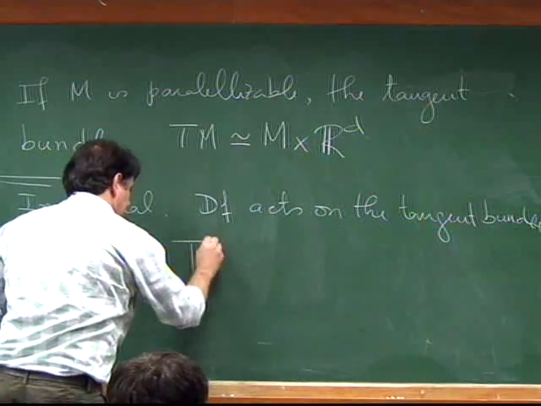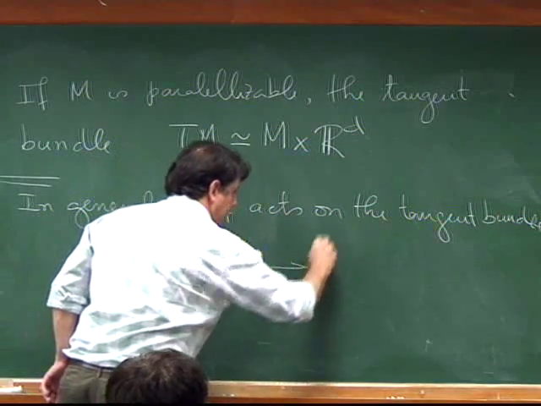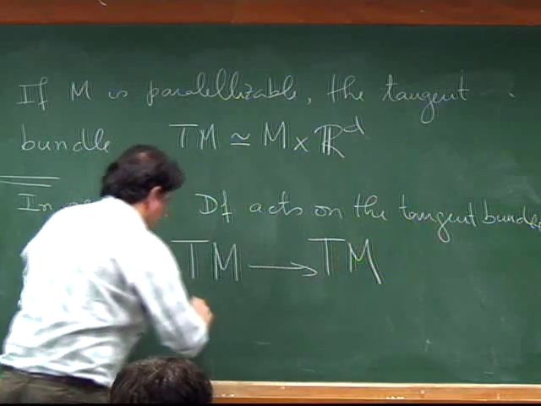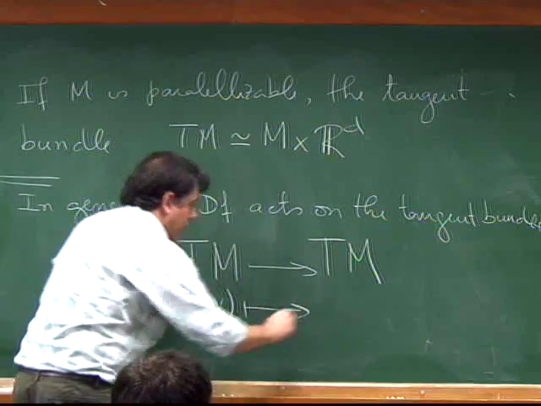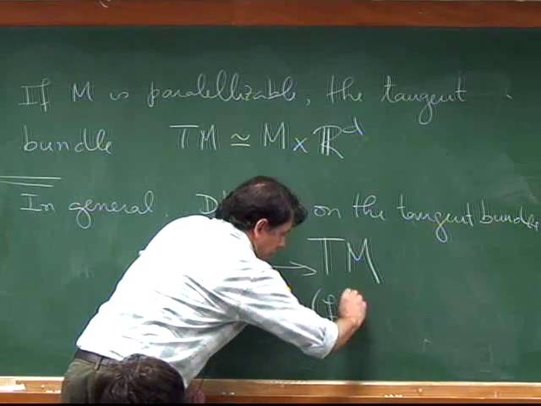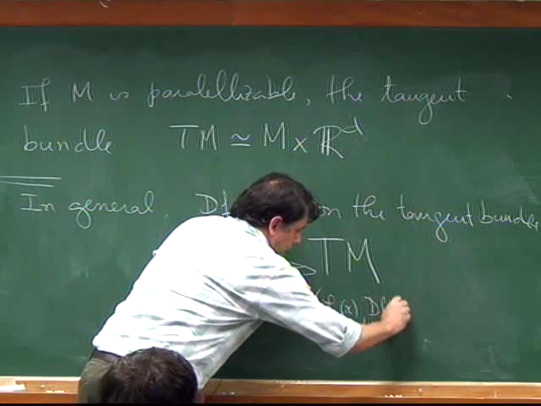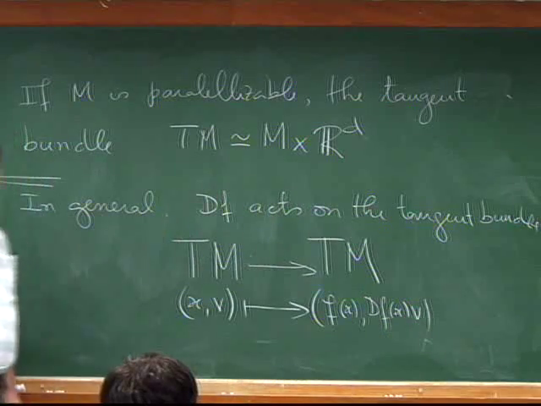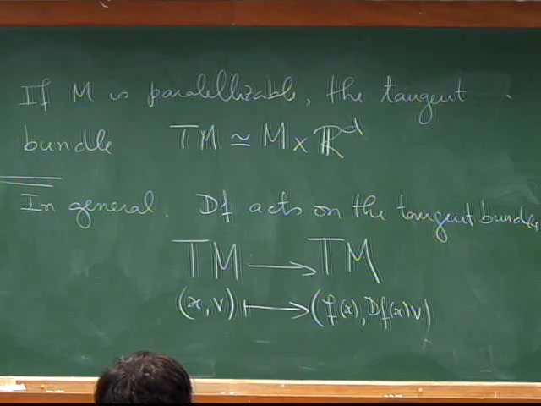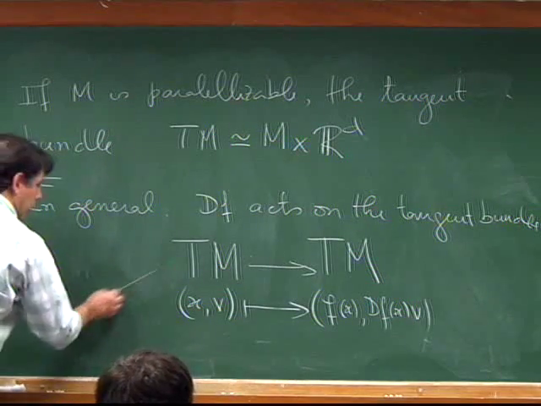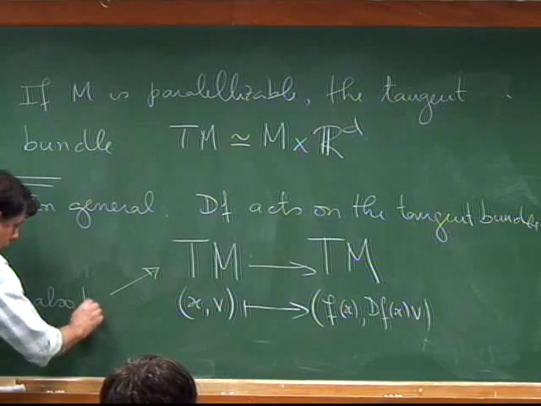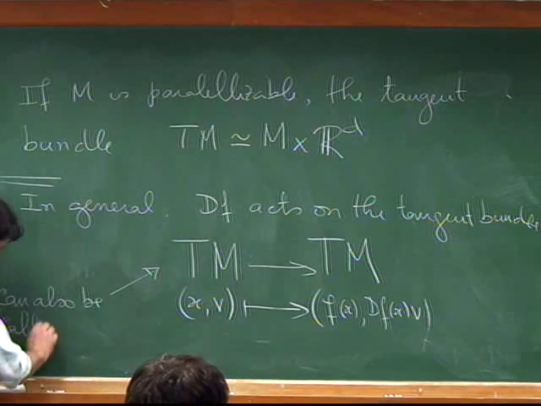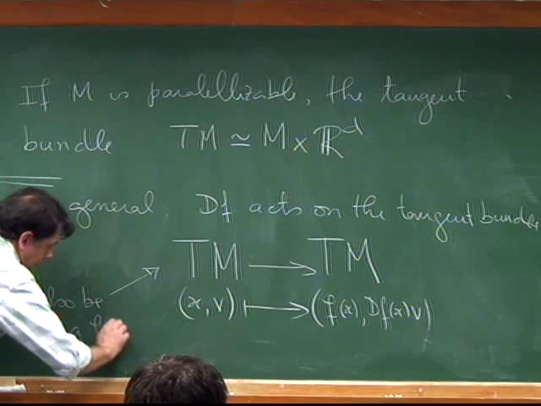So TM to TM, what it does is it takes (x,v) into (f(x), df(x)v), and we can call this a linear cocycle as well. This can also be called a linear cocycle.